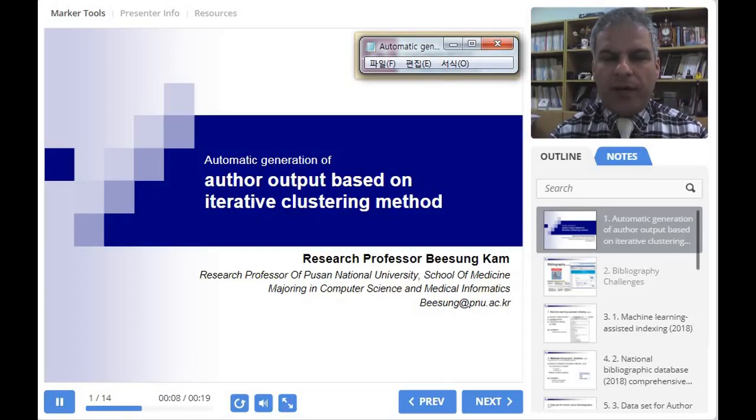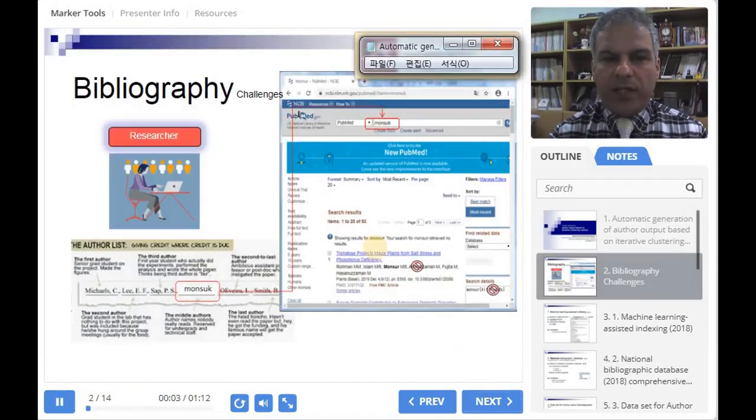I'm here to talk about generation of author output based on iterative clustering method. When a researcher wants to have a background or related works, he needs to have related content, and to get that content he needs to search author's name on databases.